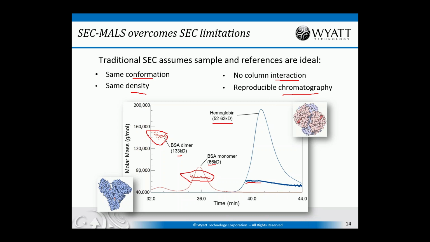And the reason that it elutes much later is because it has a different column interaction, even though the size is different. And also, at the same time, there's something else going on with hemoglobin, and that is a rapid equilibrium between the dimer and the tetramer of the hemoglobin.